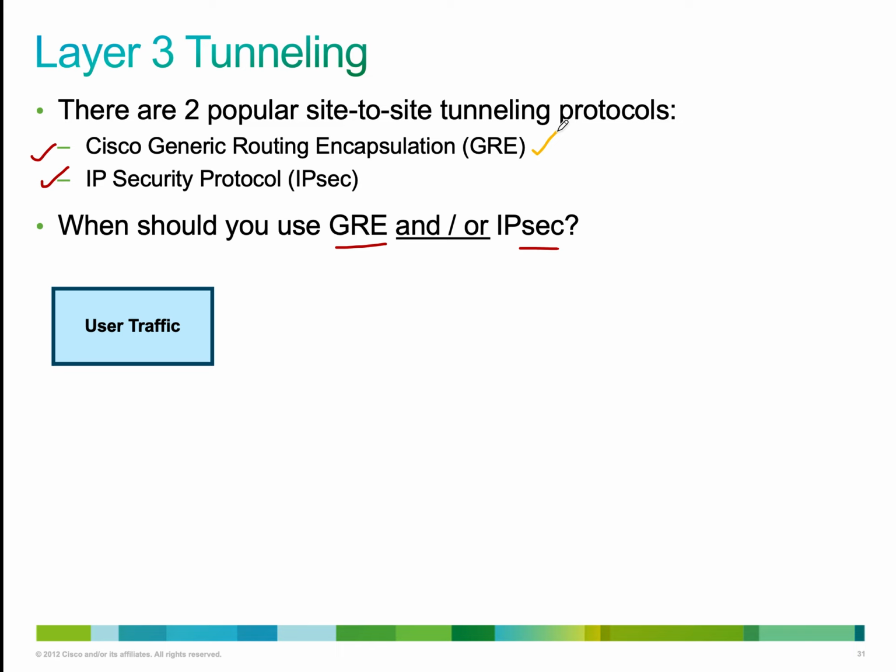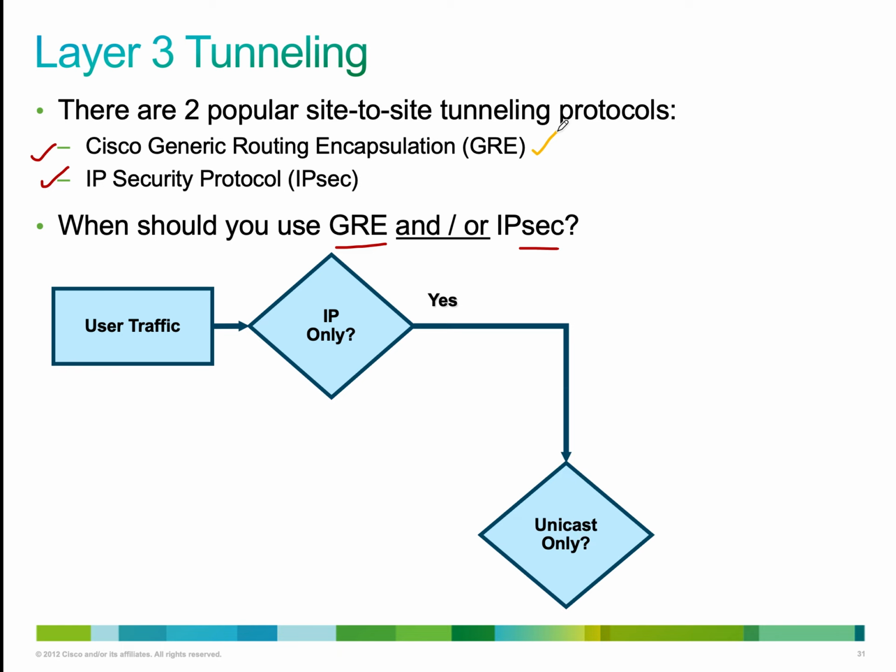Now, when should you use GRE and or IPsec? Let's find out. If you have user traffic and you are considering IP only, and you also want to use unicast only, then an IPsec VPN is most desirable for you.